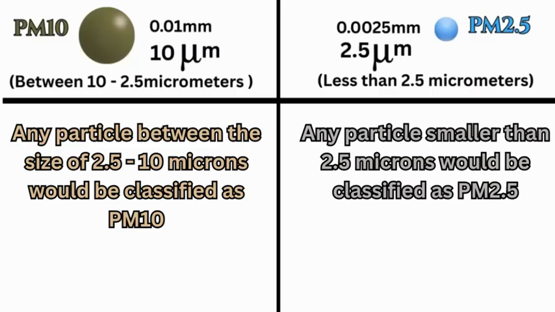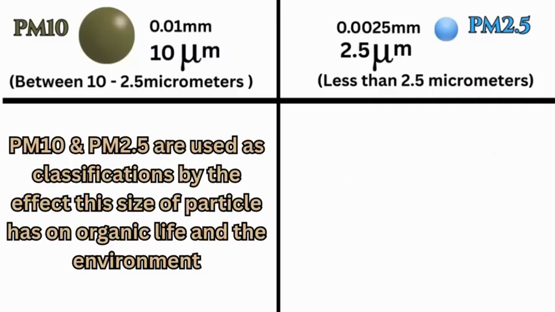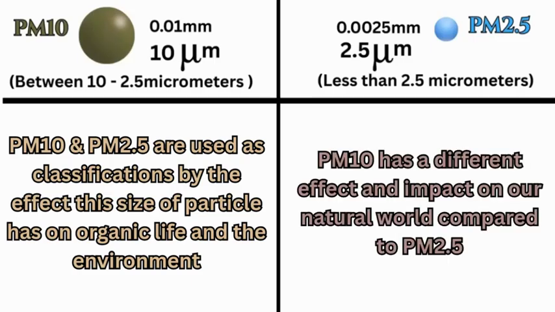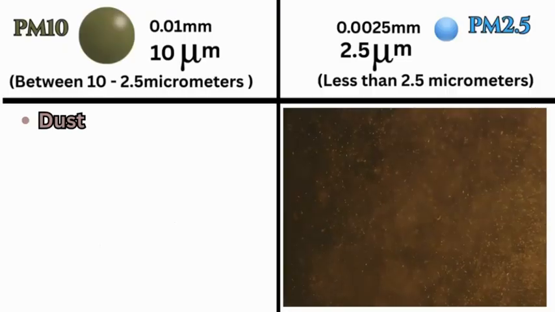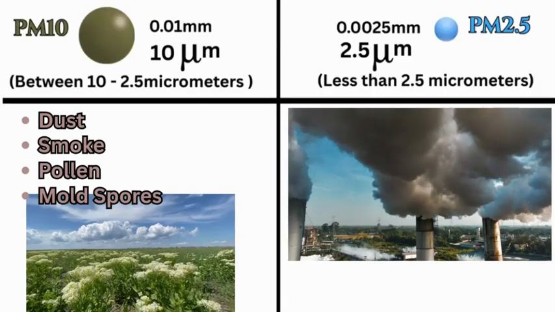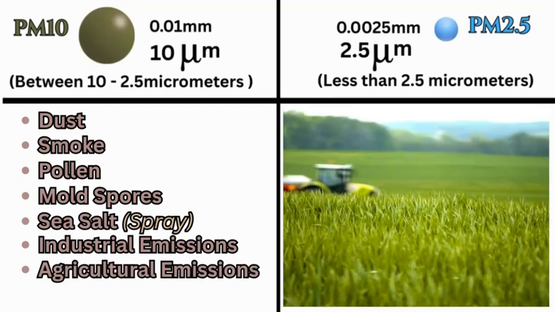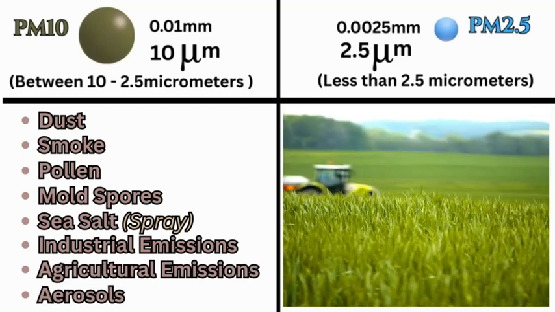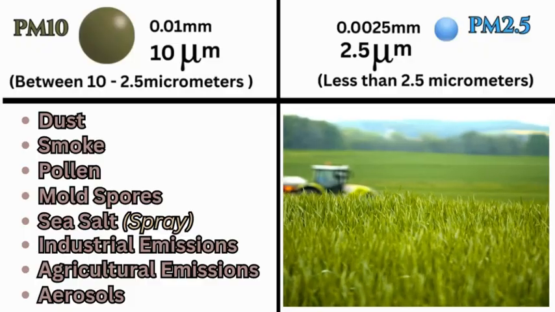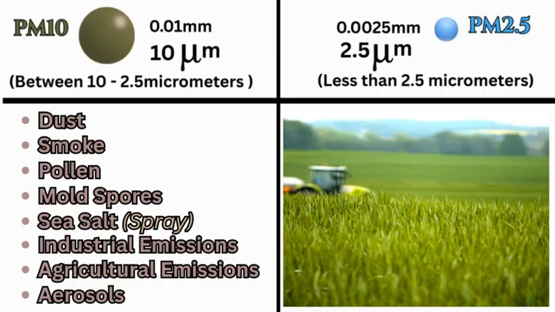Now, why do we have just two classifications for a large range of particulate sizes and different kinds of matter? It is because of the effect it has on the health of humans, organic life forms, and also the environment. So PM10, the larger particle, examples are dust, smoke, pollen, mold spores, sea salt, industrial emissions, agricultural emissions, and certain gases and aerosols that are large enough to be in that PM10 classification.